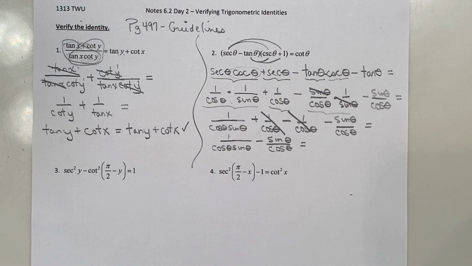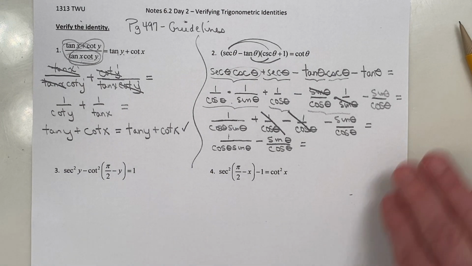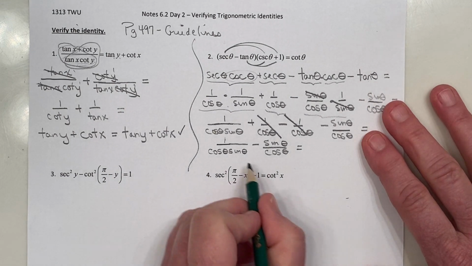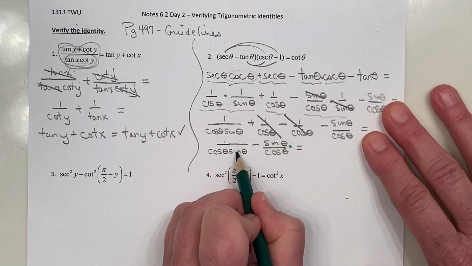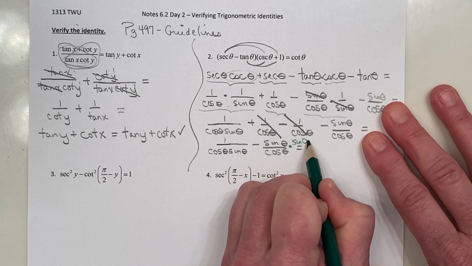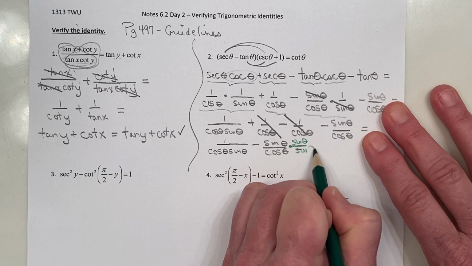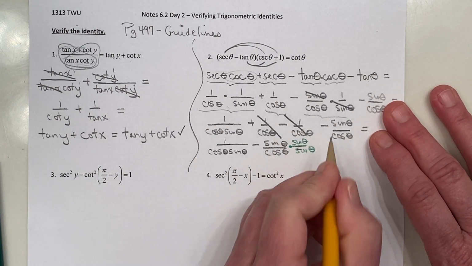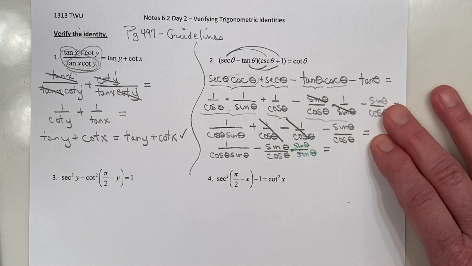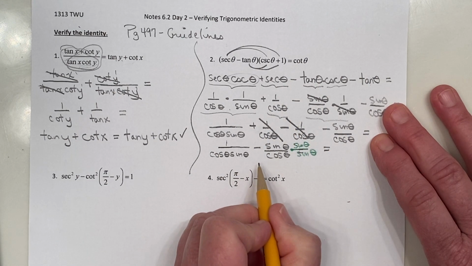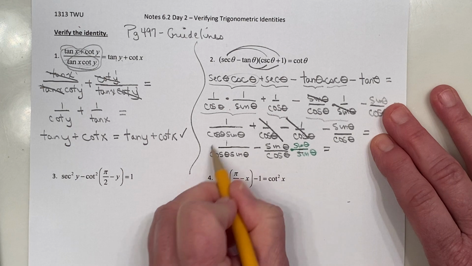Well, I have two fractions with unlike denominators, so let's get a like denominator and see if that helps. Meaning I would have to come over here into this fraction and multiply by sine theta over sine theta. Remember, I want to try and get rid of a fraction, so maybe getting a common denominator will help.